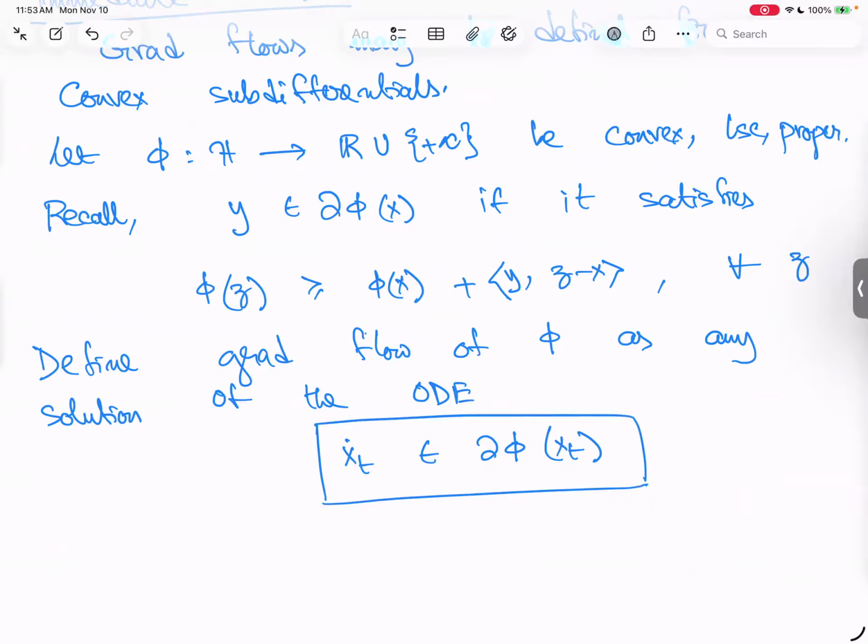So gradients don't need to exist. All you really have to assume is that x dot t is inside the subdifferential of phi at xt.